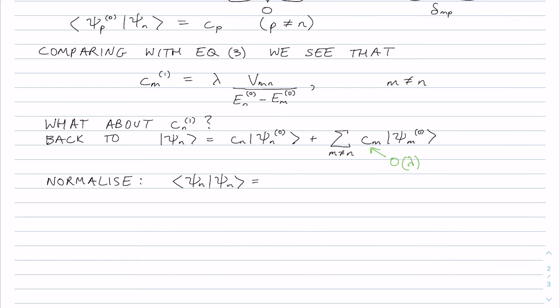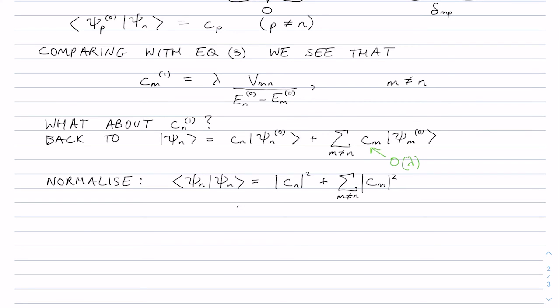On the right hand side, the psi n zeros and the psi m zeros are all orthonormal. They're all orthogonal to each other unless m equals n. So I can just take each term separately, knowing that all the off-diagonal elements are going to disappear. Cm squared.